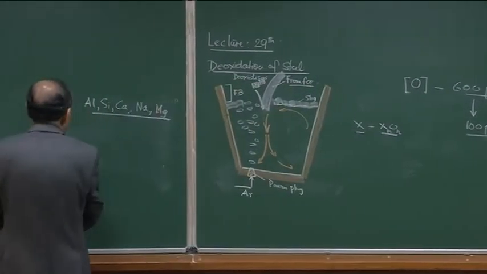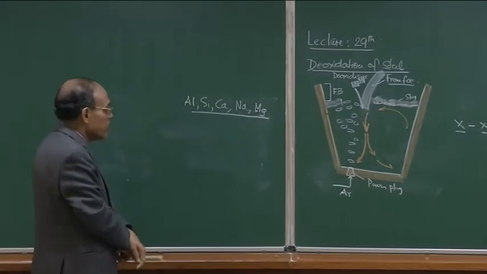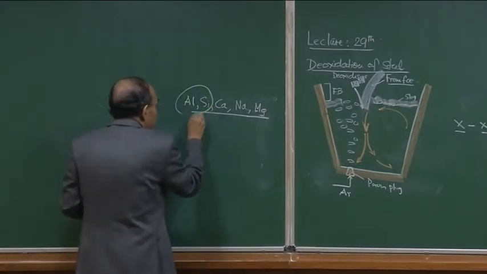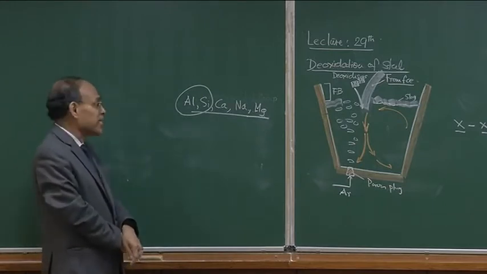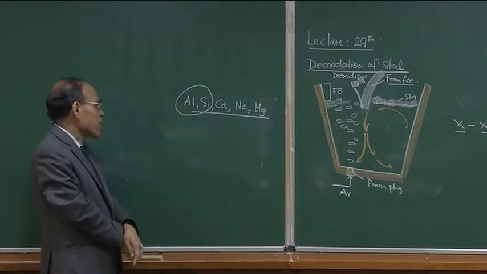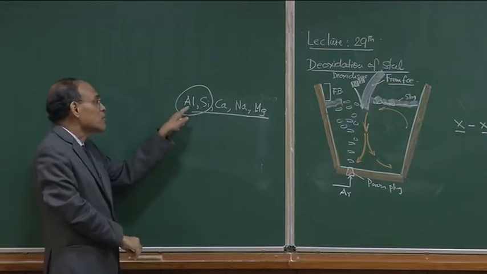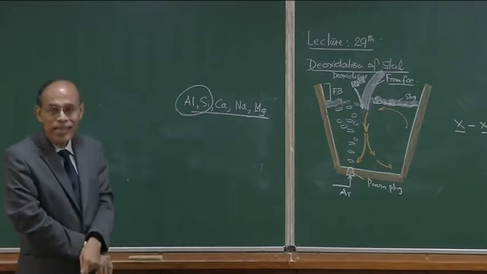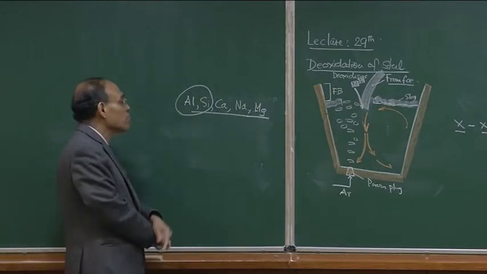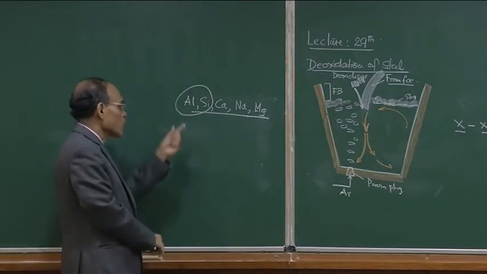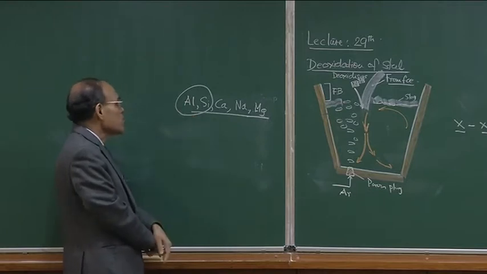Looked at from such a standpoint, we find that all these conditions are very nicely satisfied by two candidate deoxidizers, principally aluminum and silicon. They have reasonably good affinity towards oxygen.